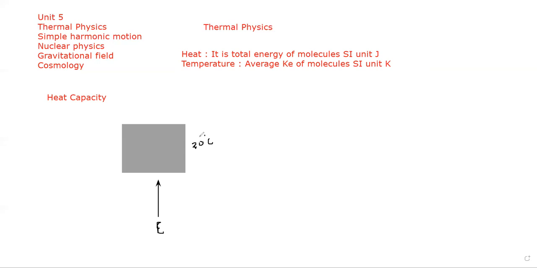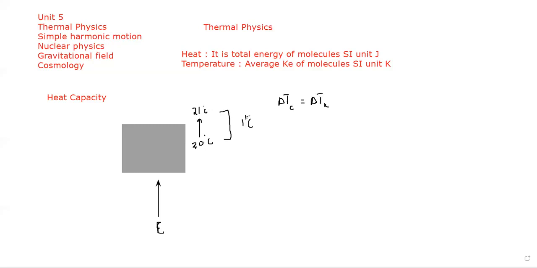As you supply heat energy, the temperature changes from 20 to 21. So how much energy are you supplying to this material so that its temperature changes by 1 degree centigrade? A temperature change in degree centigrade is also the same as a temperature change in Kelvin.